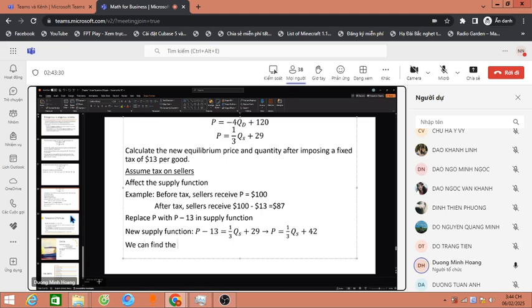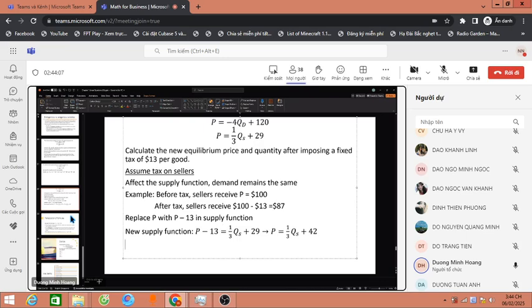Now we have the new supply function, and since we said that we only reflect the supply function, the demand function remains the same. A tax on sellers only affects sellers' behavior, and buyers' behavior does not change. This affects the supply function, so this is our default supply function, and the demand side remains unchanged.